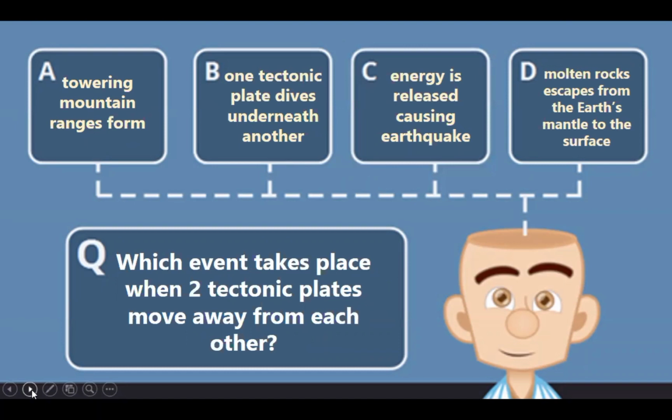B. One tectonic plate dives underneath another. C. Energy is released causing earthquake. D. Molten rocks escape from the Earth's mantle to the surface. The correct answer is letter D. Molten rocks escape from the Earth's mantle to the surface.